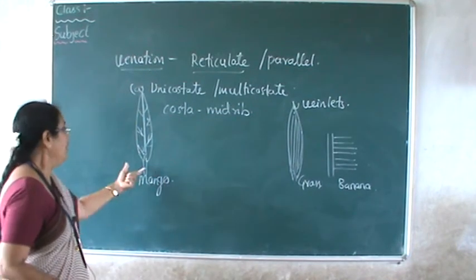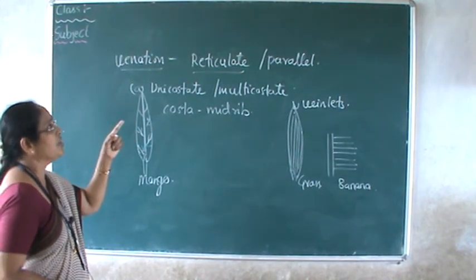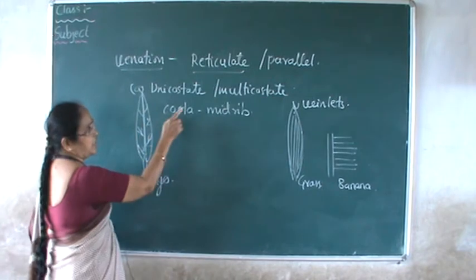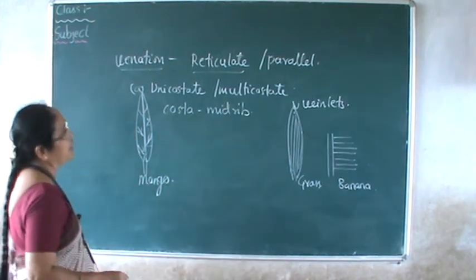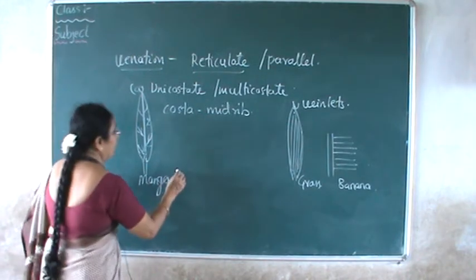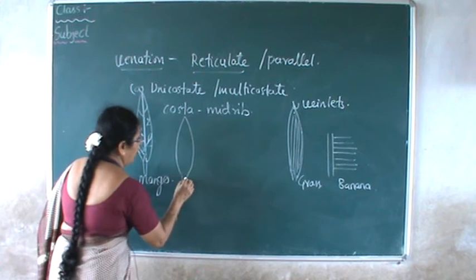If it is the multicostate kind, instead of one it must contain more than one, so in multicostate reticulate venation there will be more than one strong midrib.